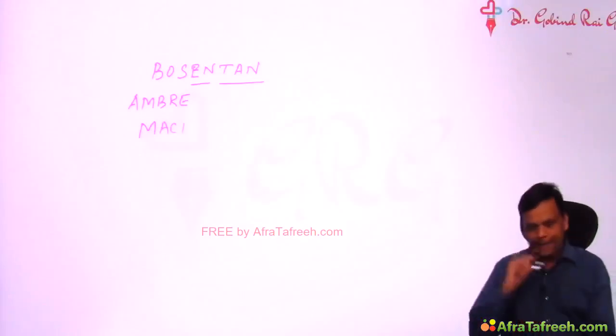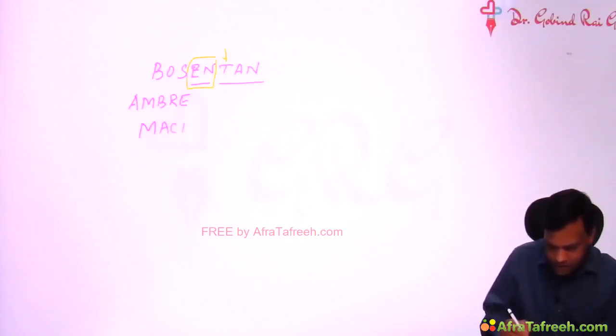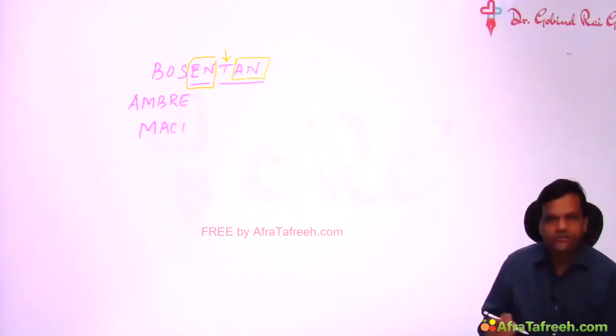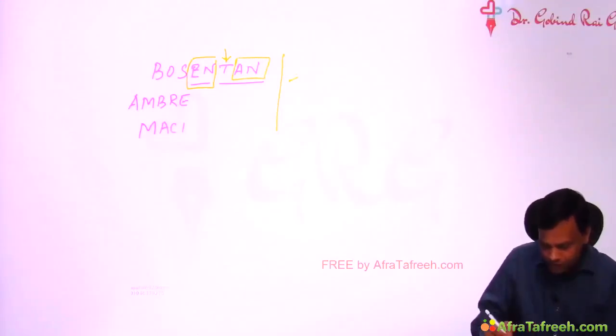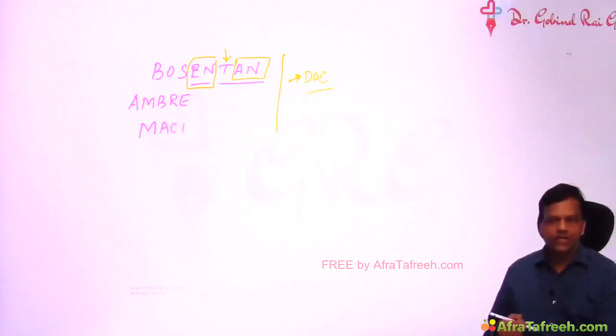These are all endothelin antagonists, and you can remember from the name: endo, En is endo, T is thelin, An is antagonist. And these are the drugs of choice for pulmonary hypertension. Bosentan-like drugs are the drugs of choice for pulmonary hypertension.